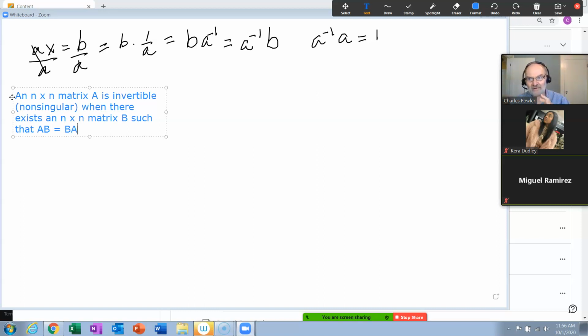Time out a moment here. Remember we said most of the time multiplication of matrices is not commutative. The AB most of the time is not equal to BA.